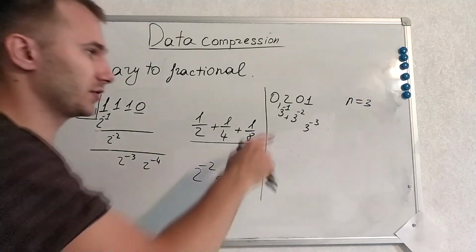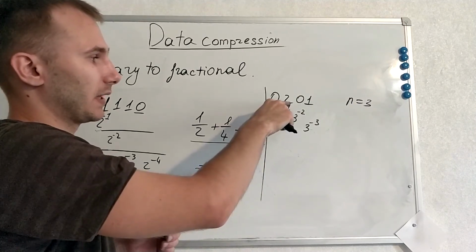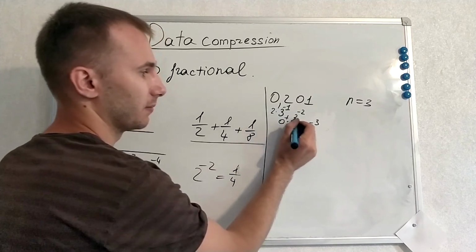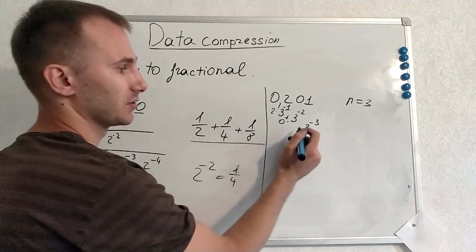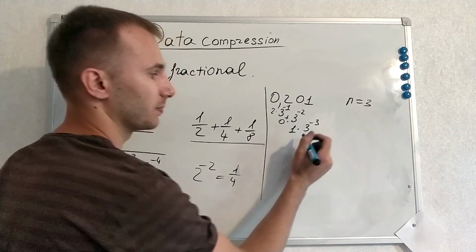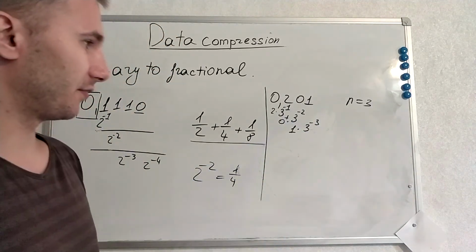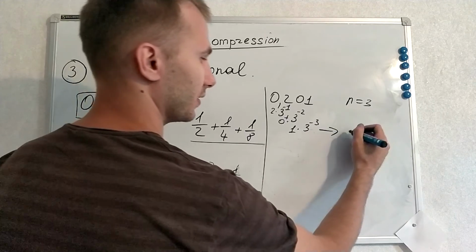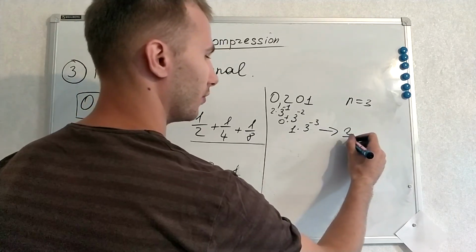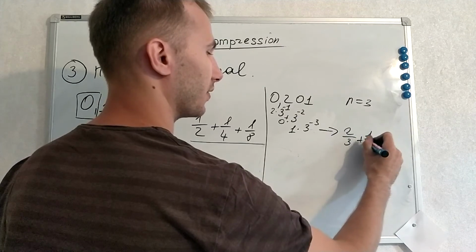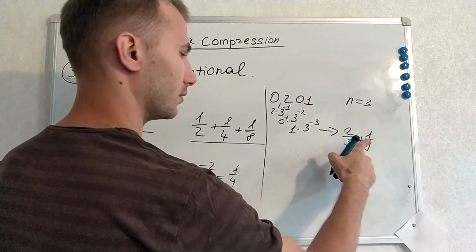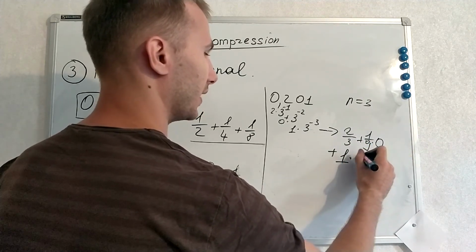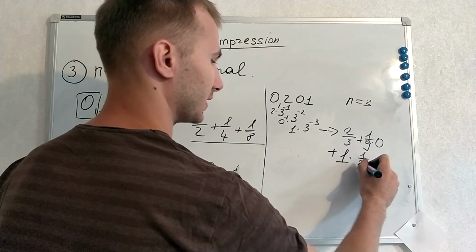But of course, in similar fashion, we have to multiply by these numbers. It will be 2 multiplied by 3 to the minus 1, 0 multiplied by 3 to the minus 2, and 1 multiplied by 3 to the negative power 3. And at the end it will be this sum, 2/3 plus 1/9 multiplied by 0 plus 1 multiplied by, I think it's, 1/27.